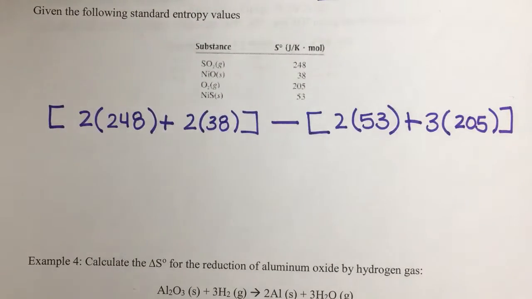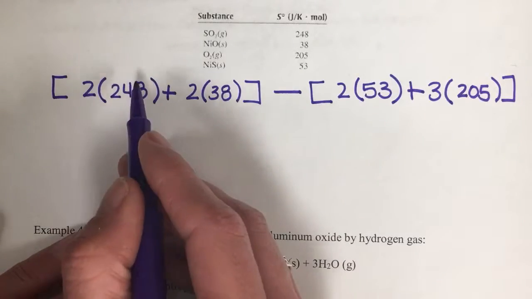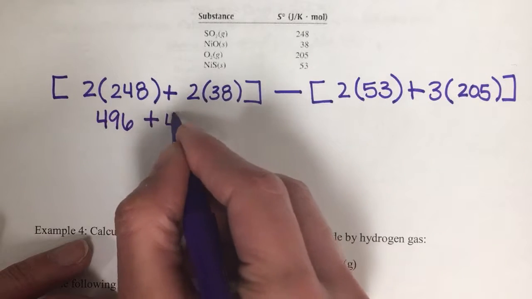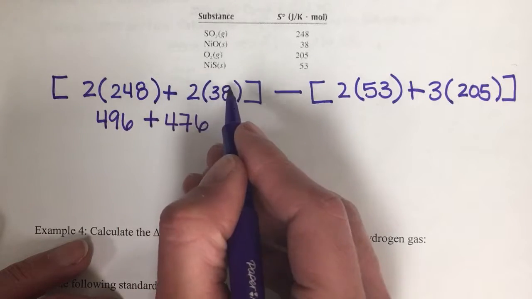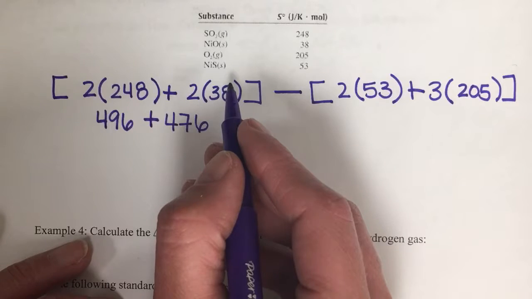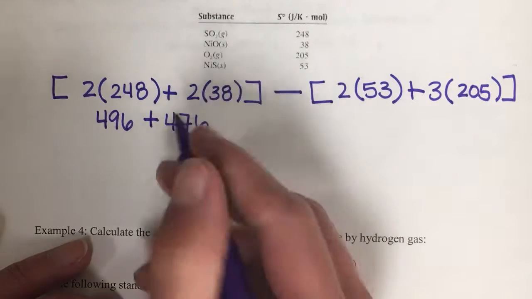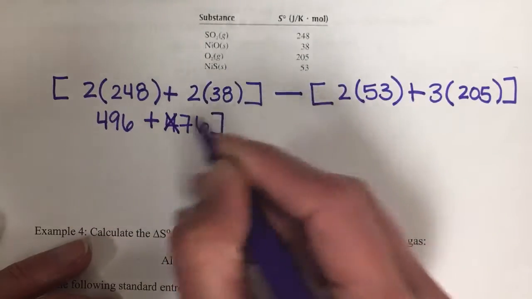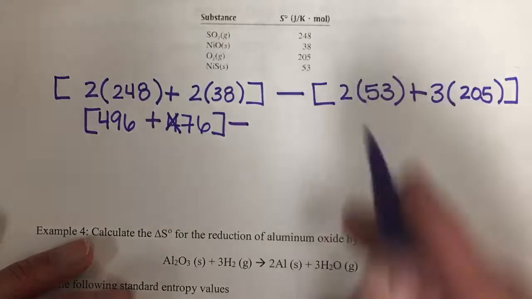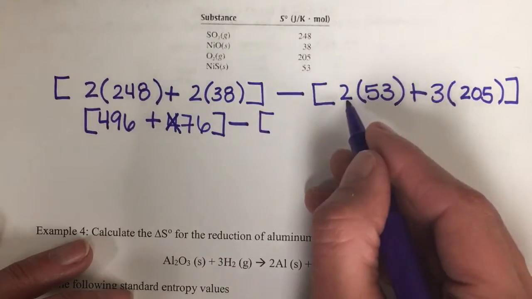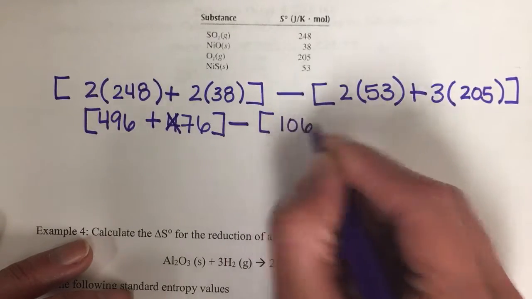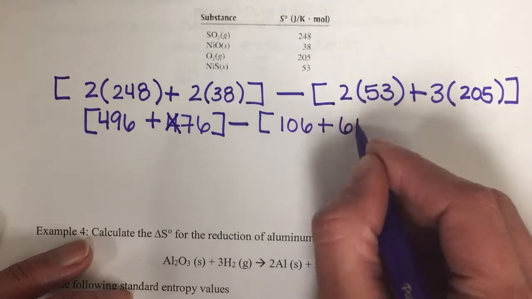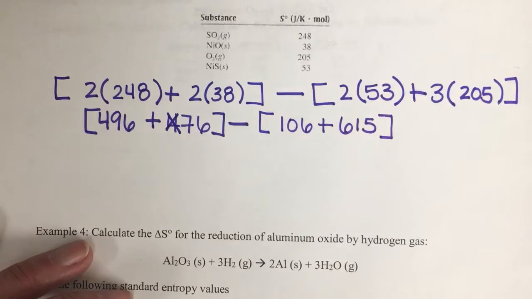So when I plug this in, I've got 2 times 248 is 496, plus 2 times 38, that's 76. Minus the sum of my reactants. 2 times 53 is 106, plus 3 times 205 is 615. Okay?